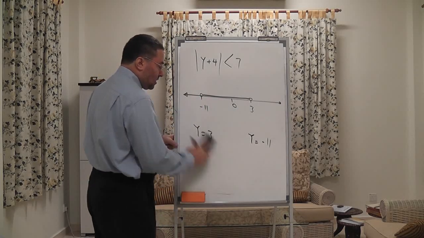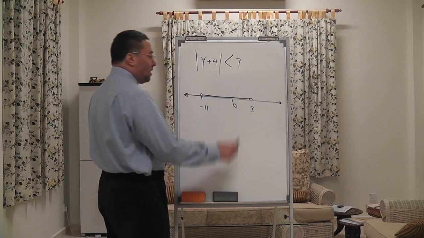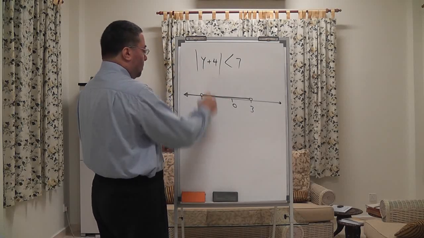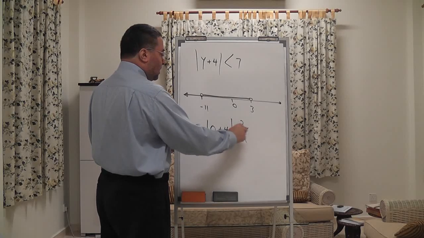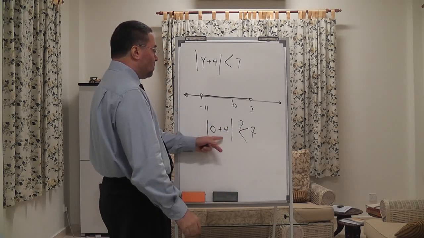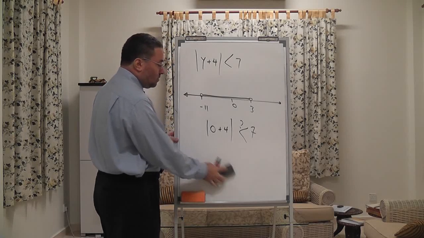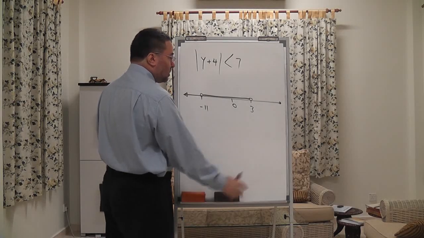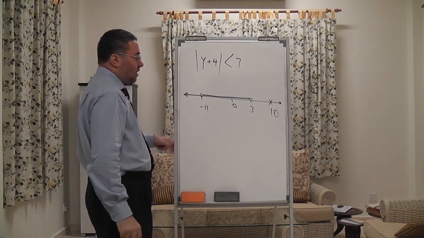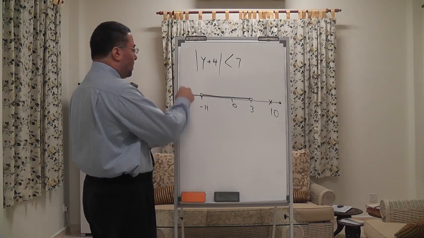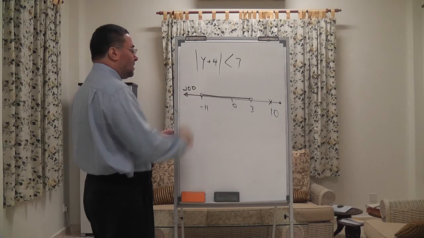Now we are going to test our solution set. Let's put 0, 0 plus 4, is it less than 7? And that's true. Now let's put 10, and in this case minus 10 is inside this, so we can use minus 100, which is an easy number.